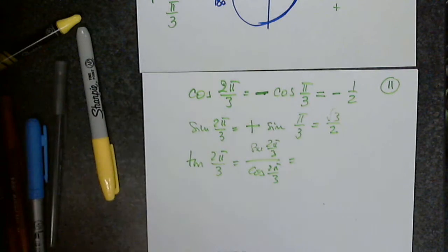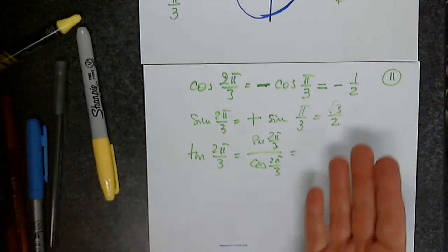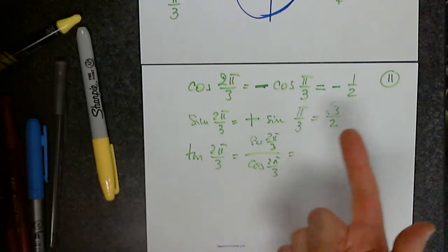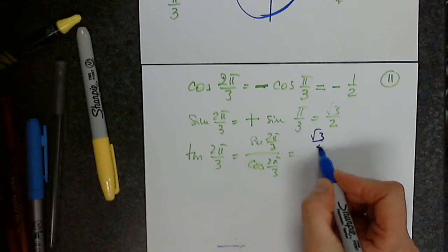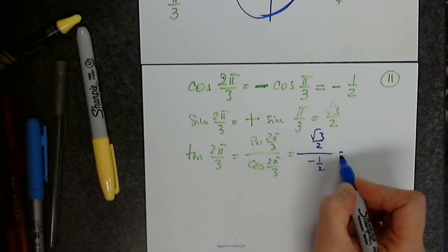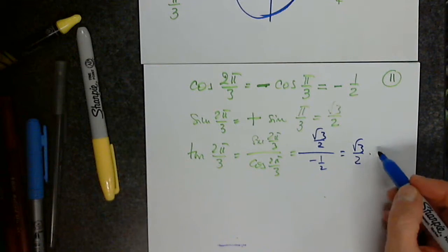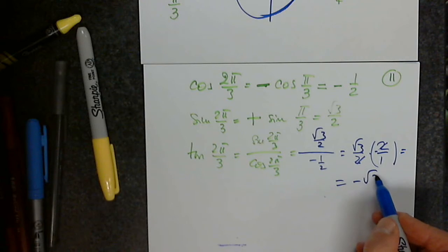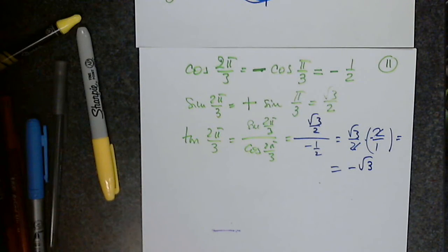So tangent 2 pi over 3 now is sine 2 pi over 3 over cosine 2 pi over 3. And I have them right here. I only have to replace them. This is the square root of 3 over 2, and this is negative 1/2. So the square root of 3 over 2 over negative 1/2. I copy the square root of 3 over 2, flip 2 over 1 with minus in front, and it's negative the square root of 3. Questions?